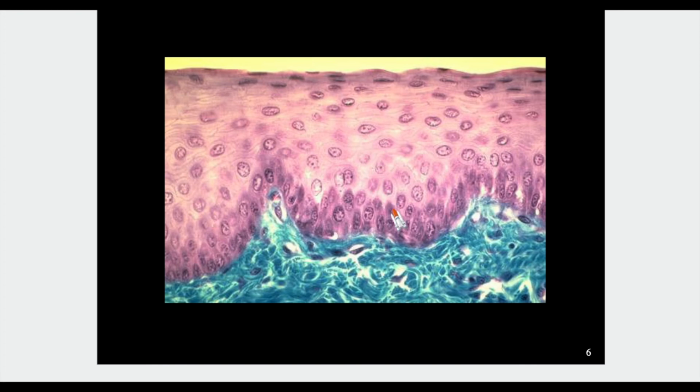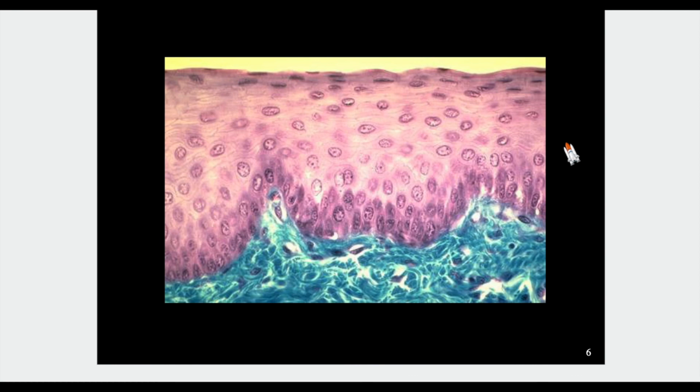And form follows function. Where do we have stratified squamous epithelium? Well, in places that are exposed to high amounts of friction. It's so that if we slough off or lose these cells up here, we have new ones that will replace them. So it makes sense, therefore, that we would find this type of tissue in places like the esophagus or the epidermis of the skin.